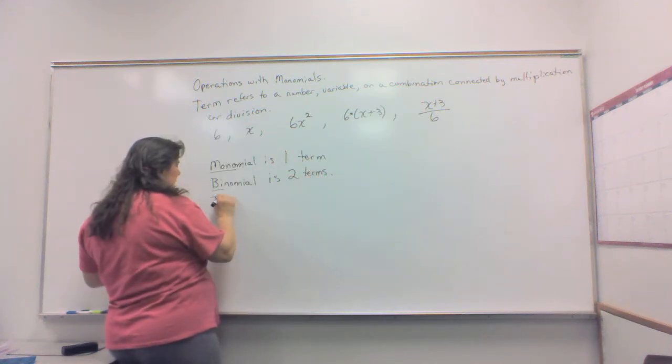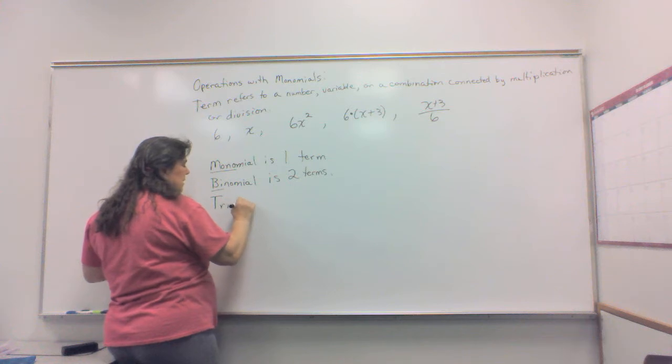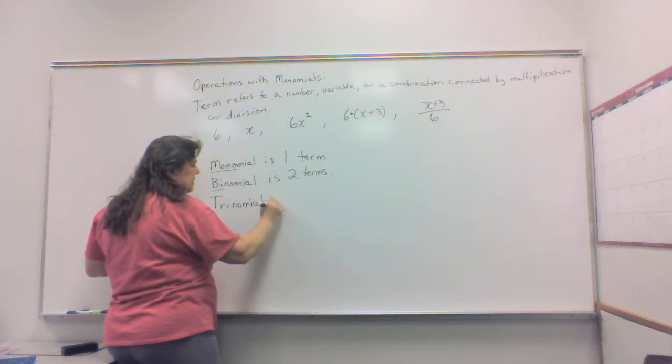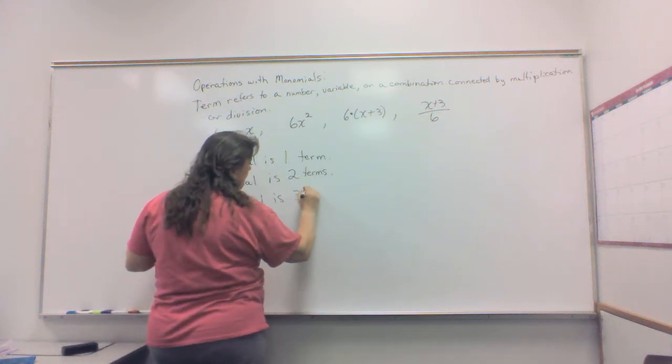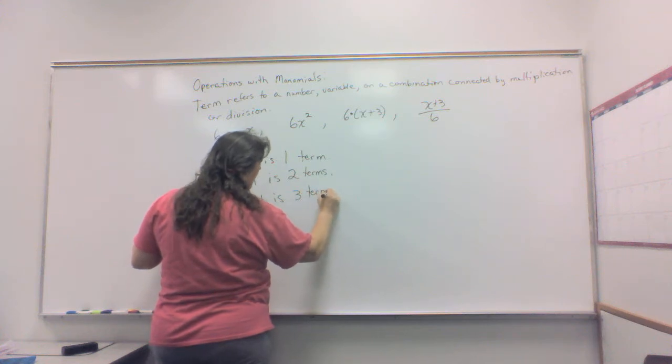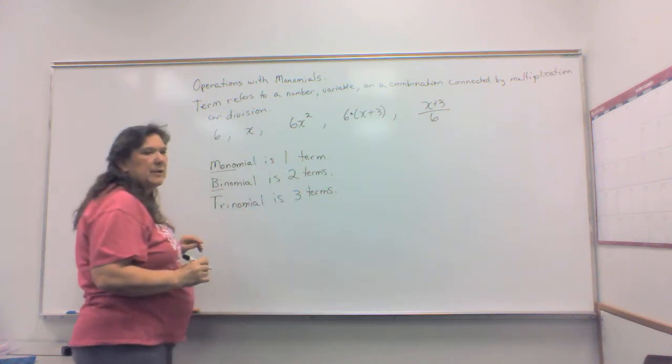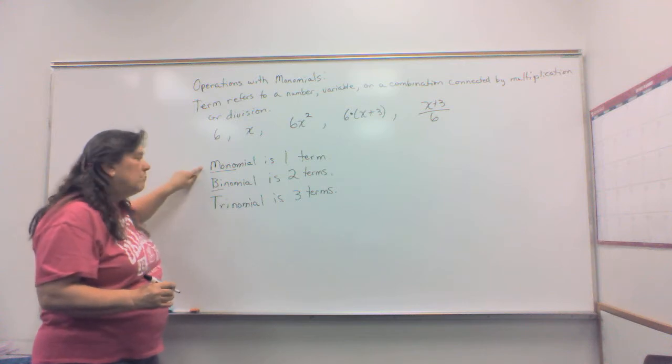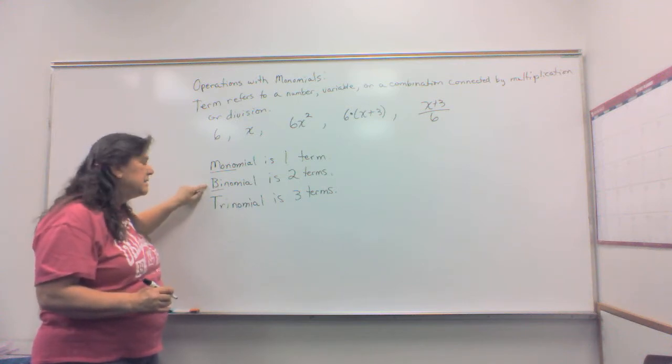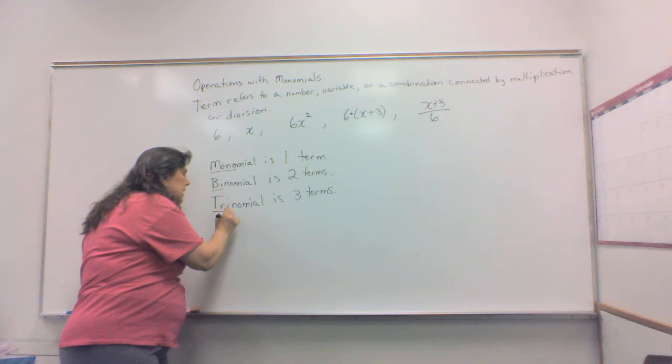And a trinomial is three terms. Okay? So you need to understand mono is one, bi is two, and tri is three.